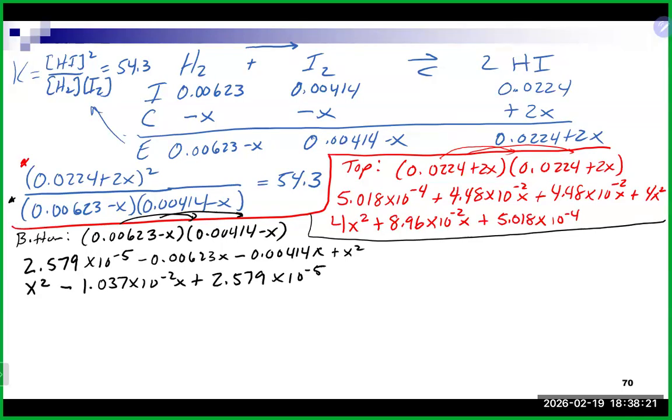All right, so now that we have the top and now that we have the bottom, we are going to put it back together. I'm going to flip the page here to get a little bit more room and recopy that. So up on top, we have 4x squared plus 8.96 times 10 to the minus 2x plus 5.018 times 10 to the minus 4.